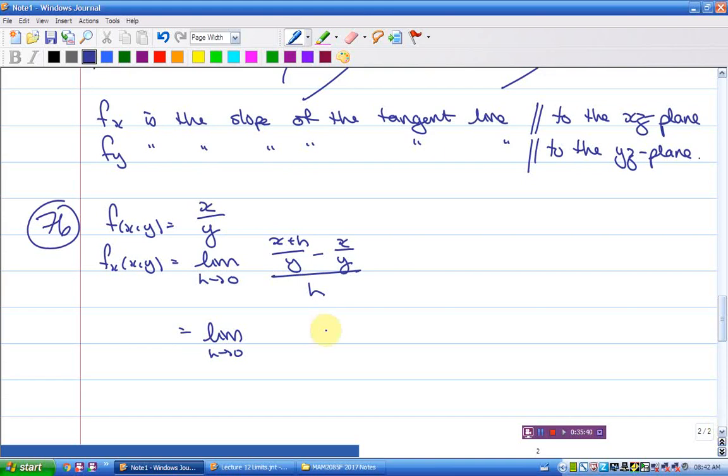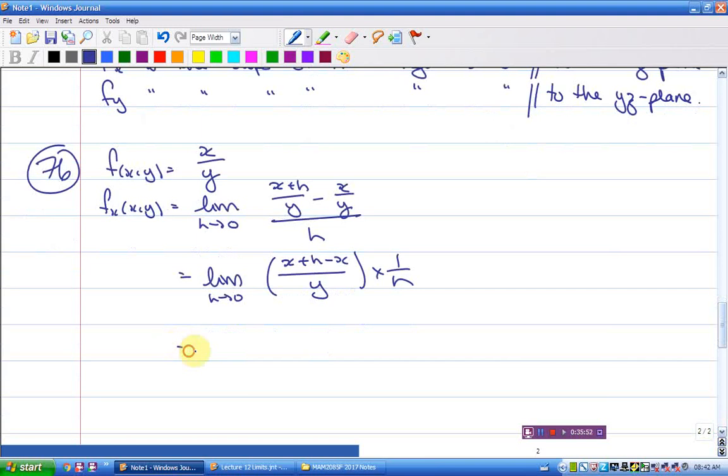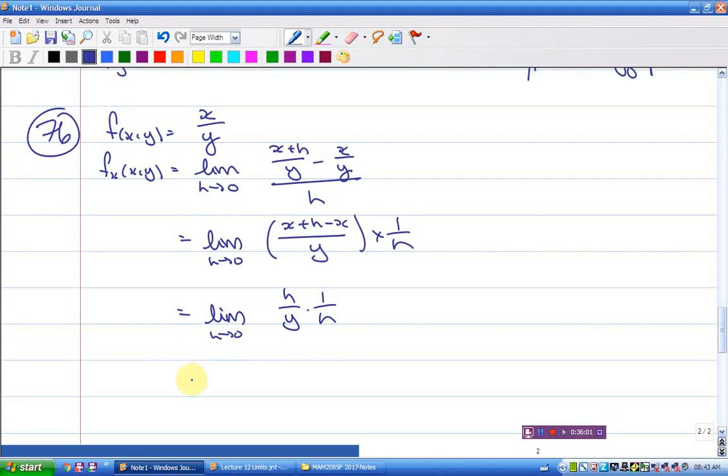Let's have a look. Let's collect that together into one fraction. So that's just going to be 1 over y, which is what you'd expect.